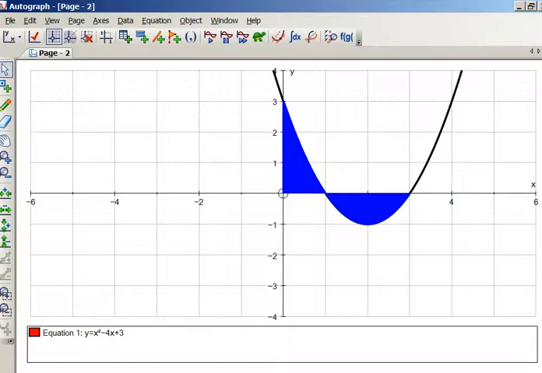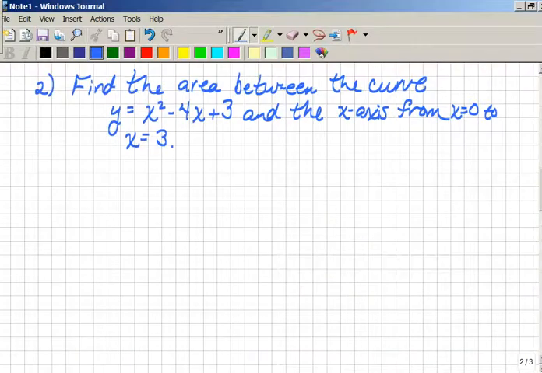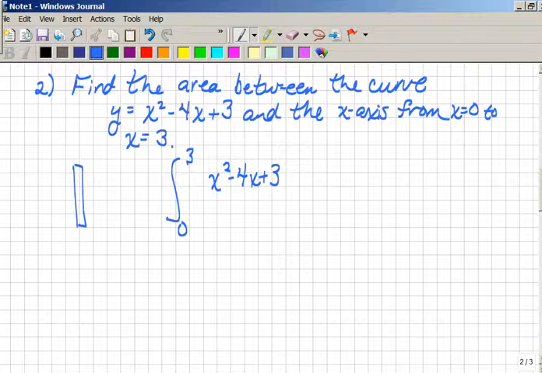Okay, let's just go straight to the calculus portion of the computation. Just like in the last problem, we're going to integrate from 0 to 3. X squared minus 4x plus 3 is the height of the curve for each little rectangle, and then minus 0, which we don't need because the rectangle is hitting the x-axis, and the dx.